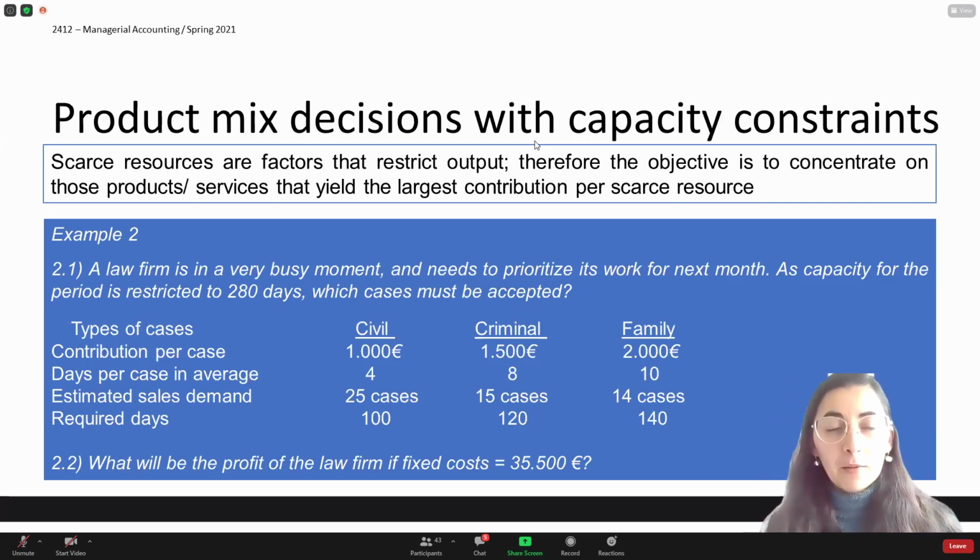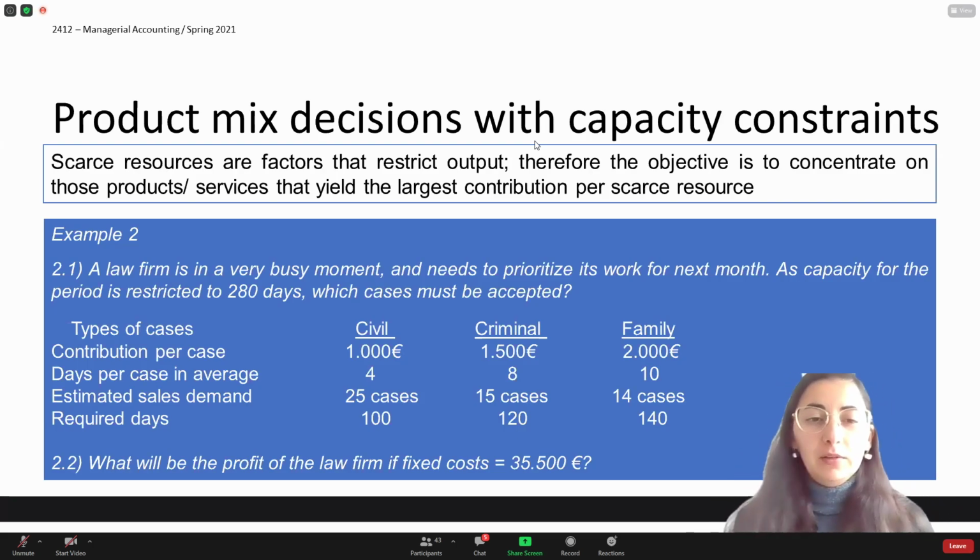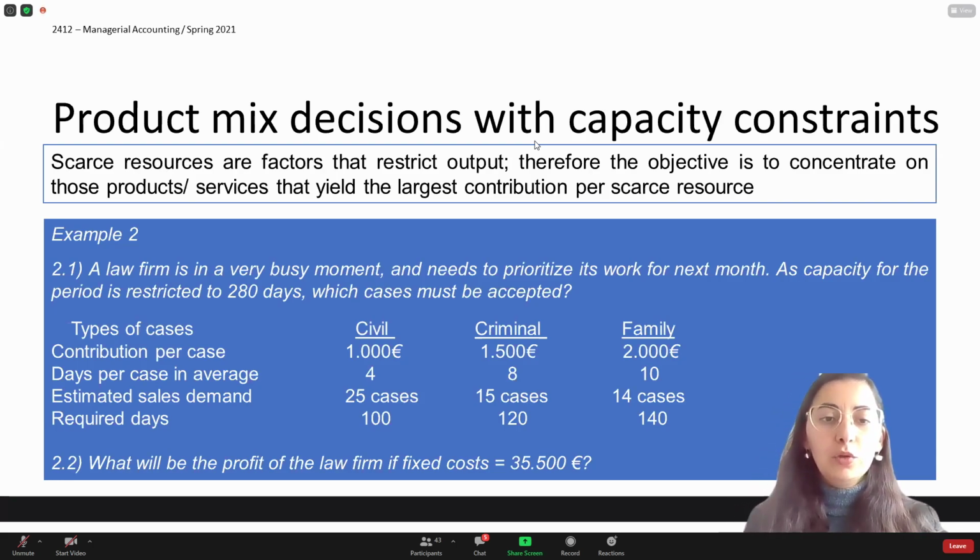Based on this, civil has a contribution margin per case per day of 250. We should work on that first, because it gives us a higher contribution margin per scarce resource. So we will do all of the 25 civil cases, which will take up 100 days.